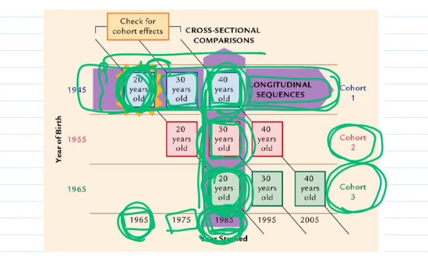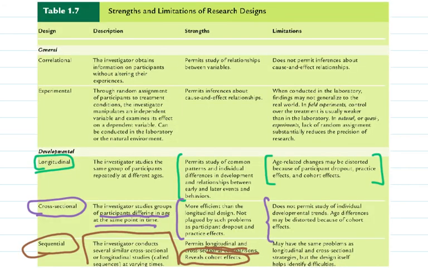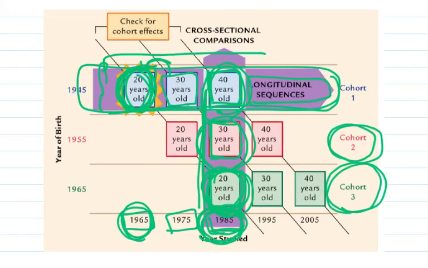So basically in the sequential design, what you do is that you combine a cross-sectional design with a longitudinal design, right? And, again, the strength is that it permits longitudinal and cross-sectional comparisons and it reveals cohort effects, but again, it might have the same kind of problems that you had with longitudinal and cross-sectional designs, right?